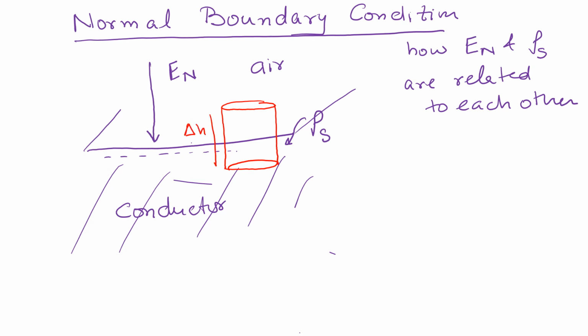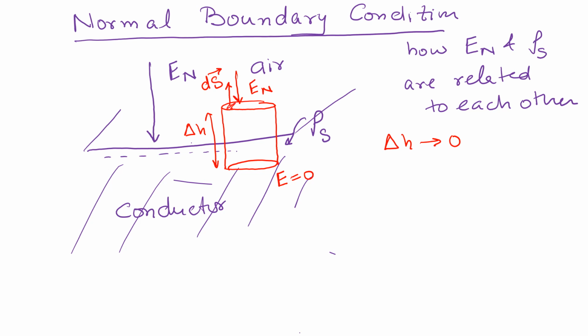So we are right at the surface. We know the electric field inside is 0, and as I have drawn it, we have electric field E normal coming in, and your ds on that surface would be going out.